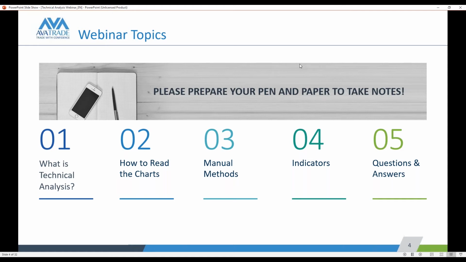Now, in general, what is technical analysis? Before we get on the live charts, technical analysis is basically looking at the historical movements of an asset, usually on a chart that we call a candlestick chart. And by looking at the historical movements over the past hours or days or weeks or months, we can see patterns.